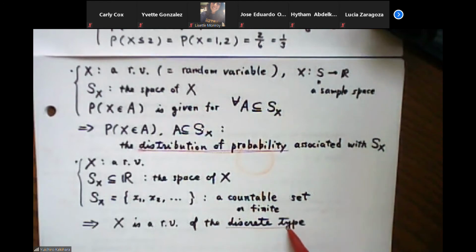Other than discrete type, we have a continuous type. Continuous type means the values are taken kind of continuously, okay? Not countably many, but more than countable. That's the discrete type. Or we say X has a distribution of the discrete type.